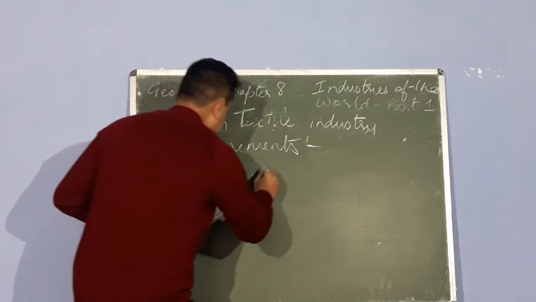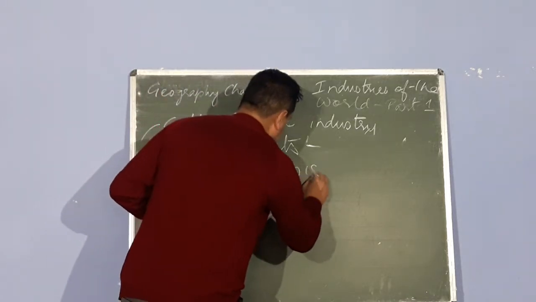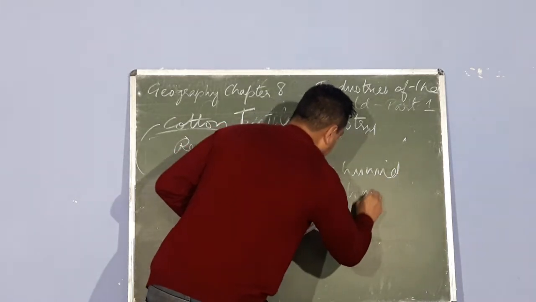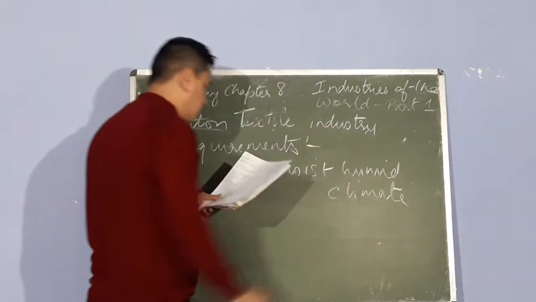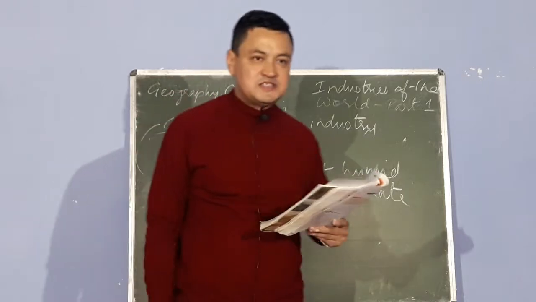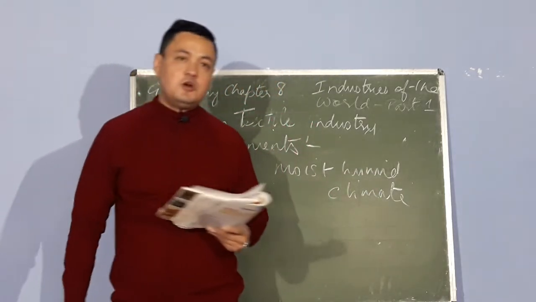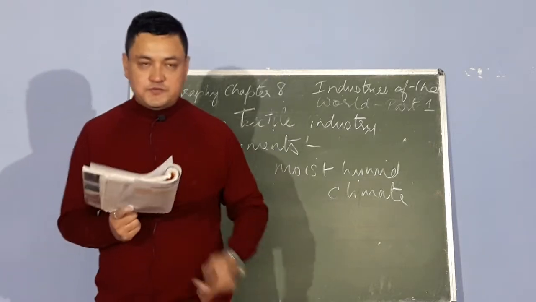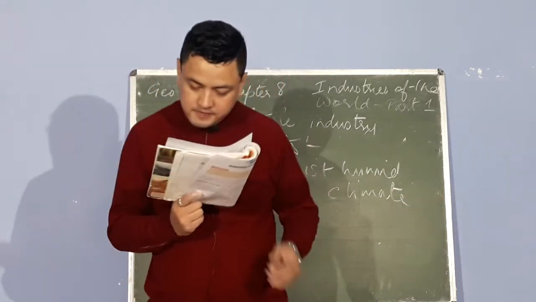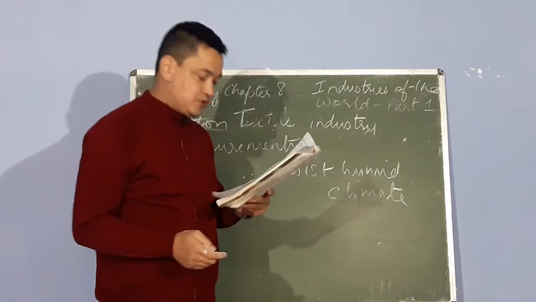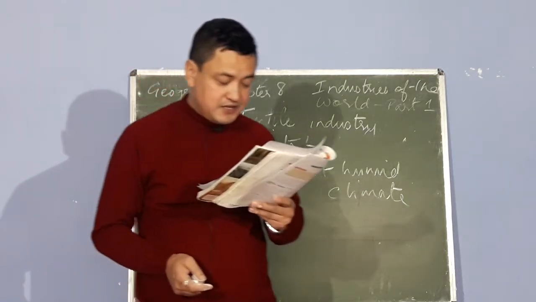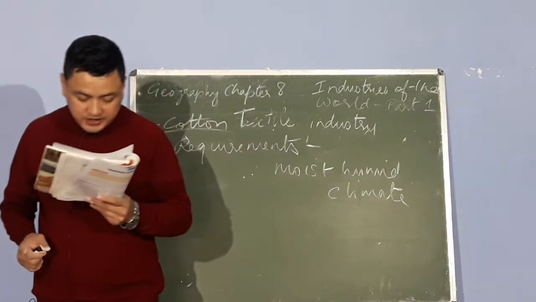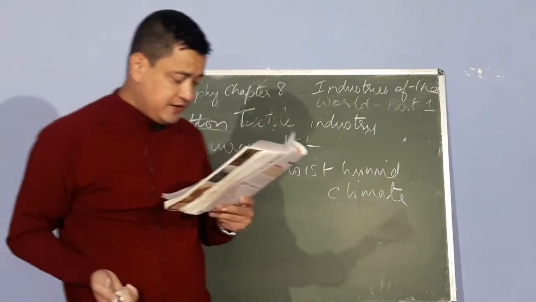For growing cotton, the climate must be moist, humid. Moist means wet, humid also means plenty of water vapor. So the climate should have plenty of water content in the atmosphere for growing cotton. Another one is a transportation system, which is required by the cotton textile industries, and another one is a huge and large market.